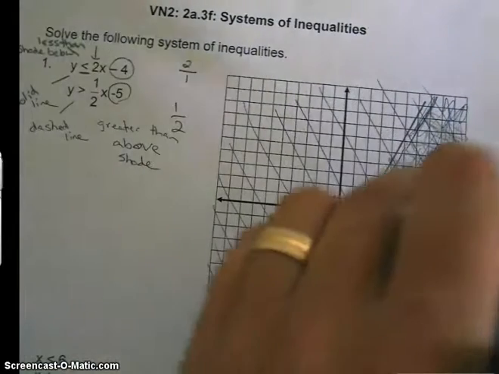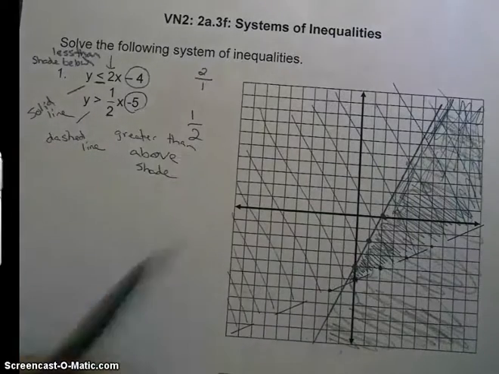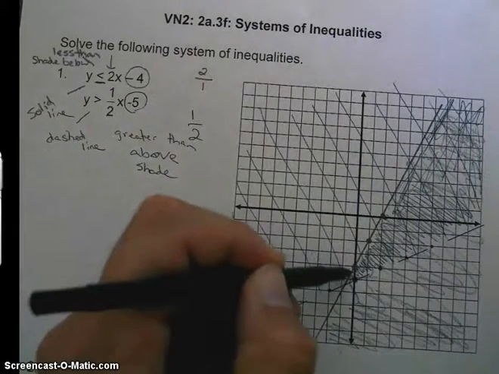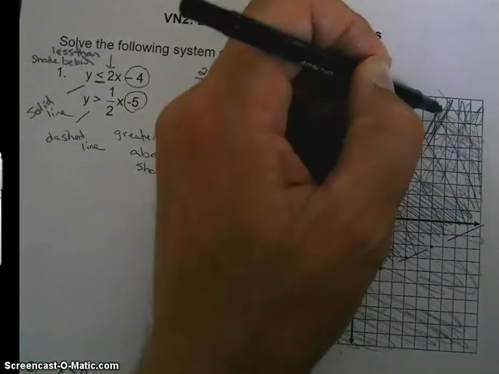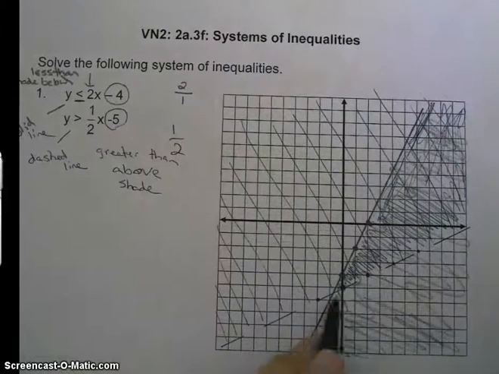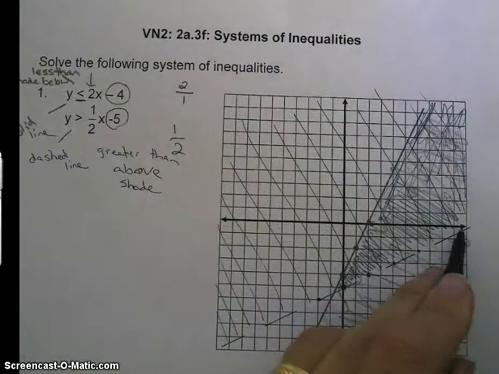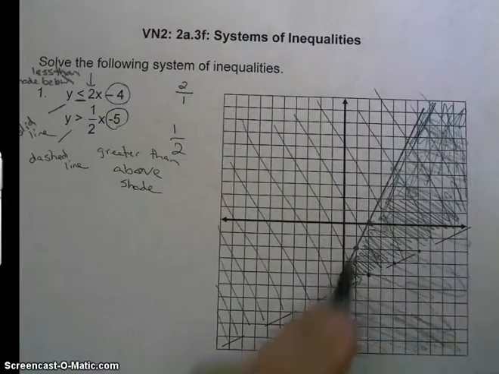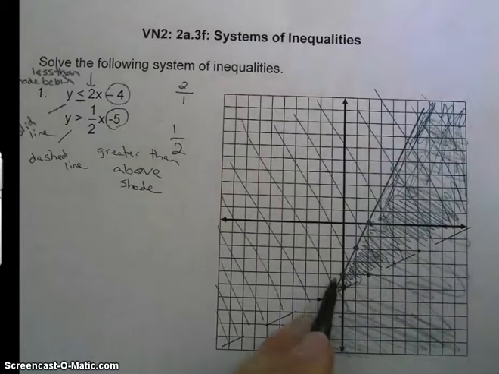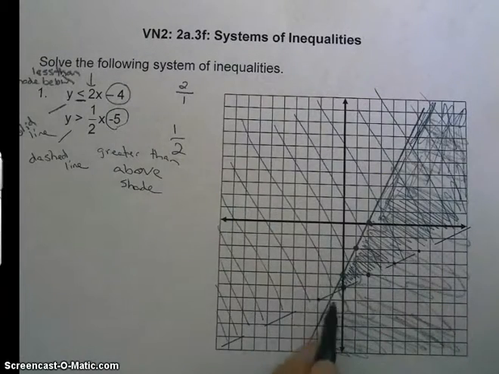So they represent the solution to the system. Now, all the points on the solid line are solutions. All the points on the dashed line are not. So when you look at the border, solid represents solutions, dashed does not.